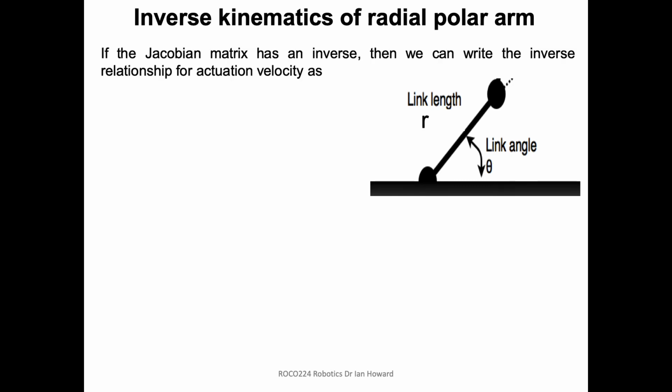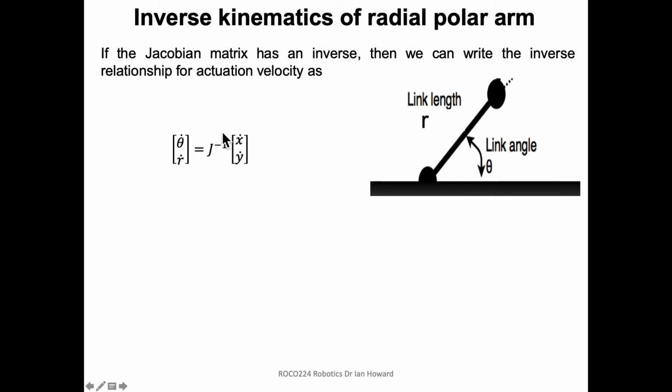So we can also do the inverse kinematics of an arm. If we have an inverse, we can calculate the inverse relationship here. So we can take that expression and write it slightly differently. We multiply both sides by the inverse Jacobian, and this way we can relate on the basis of the output velocity, the x dot and the y dot.